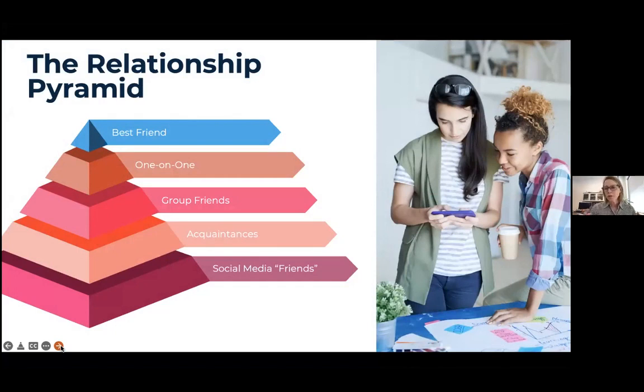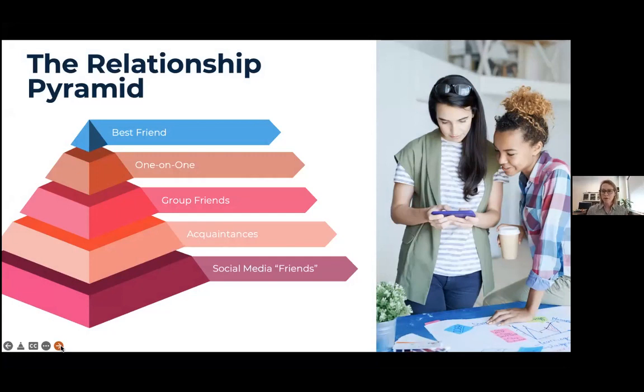So this is our relationship pyramid. Most development folks are very familiar with this. And we like to use the analogy of personal relationships as a really perfect sort of mirror to what most development operations experience.